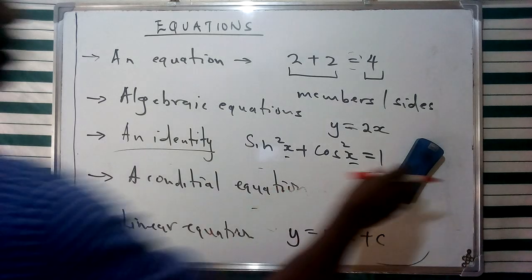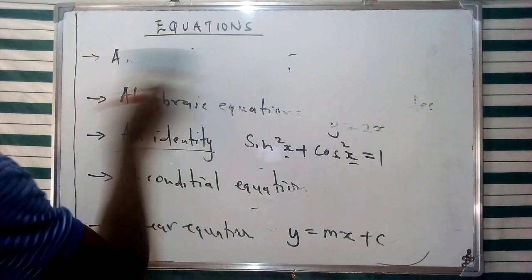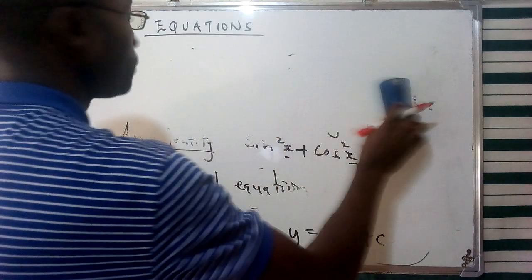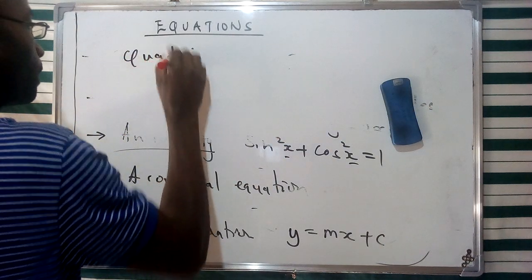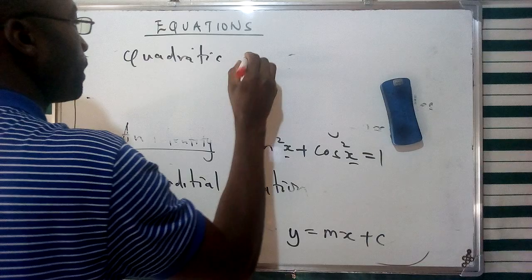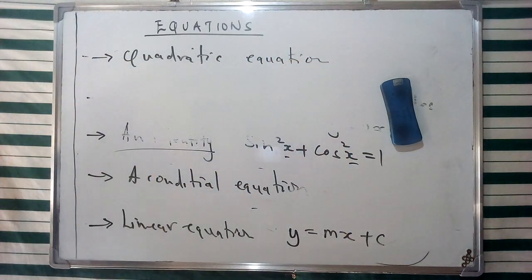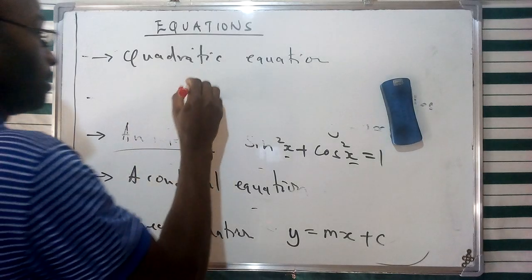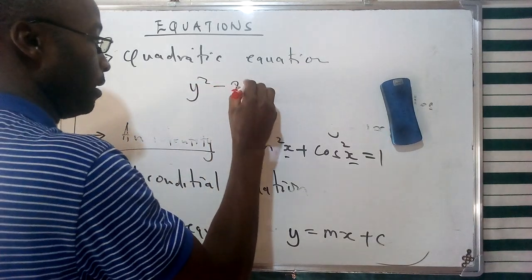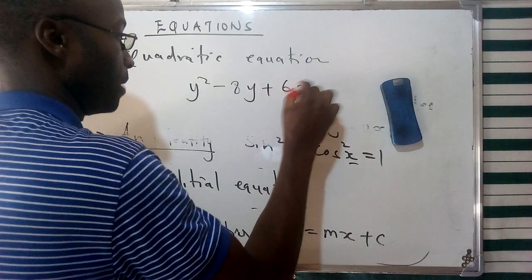Then we look at quadratic equations. For a quadratic equation, the highest exponent of the unknown is given by the power of 2. For instance, you can give this one as y squared, 8y plus 6, equivalent to 0.